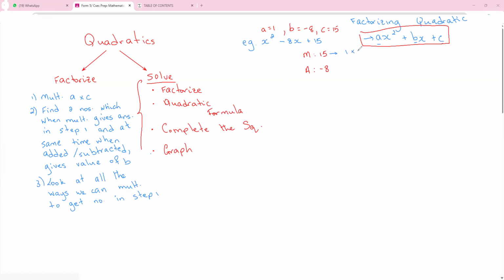Starting with 1 by itself, I could also multiply 3 times 5. That's all that I could get.